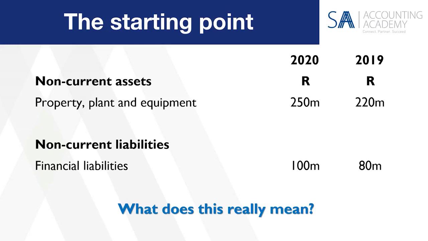So when the question is asked, property, plant and equipment of 250 million rand, what does that really mean? There are a few things that stand out. Firstly, property, plant and equipment will, according to what you see on the statement of financial position, provide an expected minimum of 250 million rand in future economic benefits that can be derived out of the specific classes of underlying property, plant and equipment.